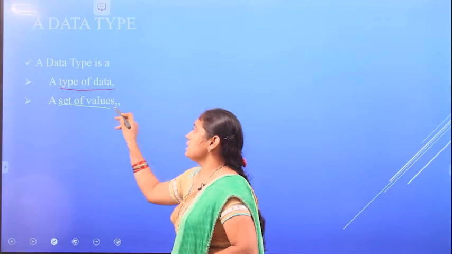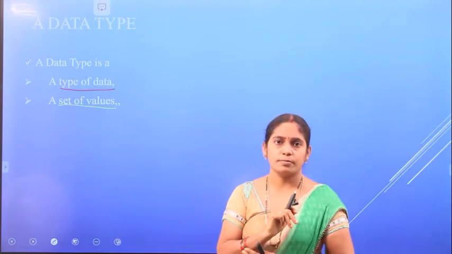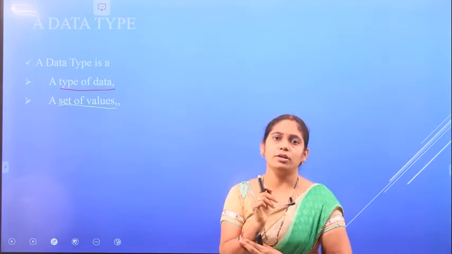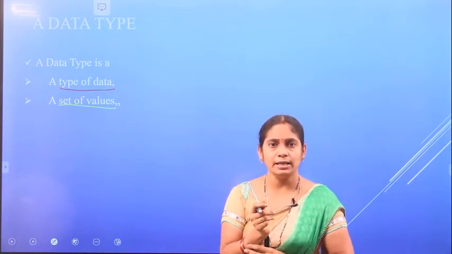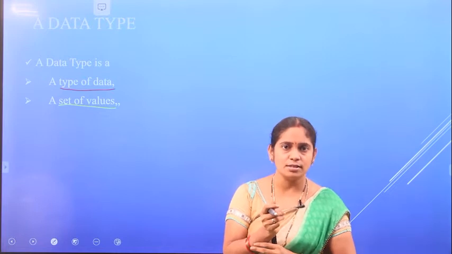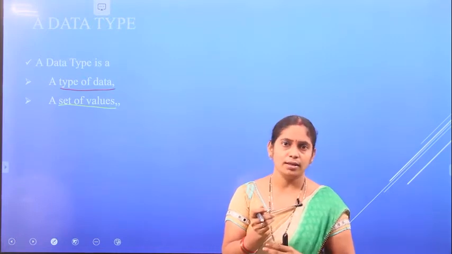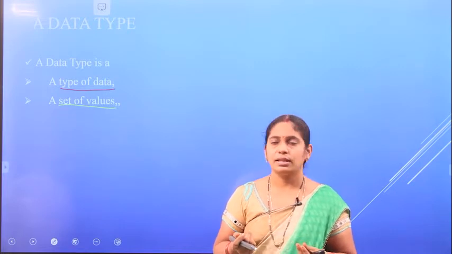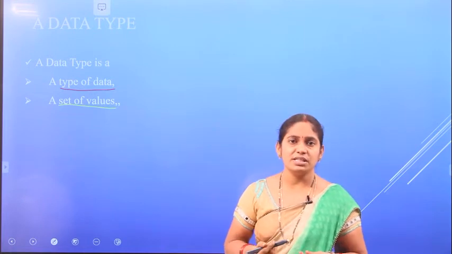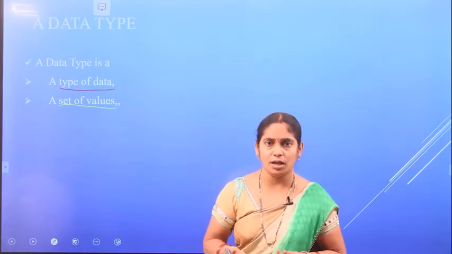It is nothing but a set of values. What values are we going to use? 2, 13, 16, 93.6, or M or X or Y? Which one it is? That is nothing but a set of values. In our example, for gender representation we considered male or female.